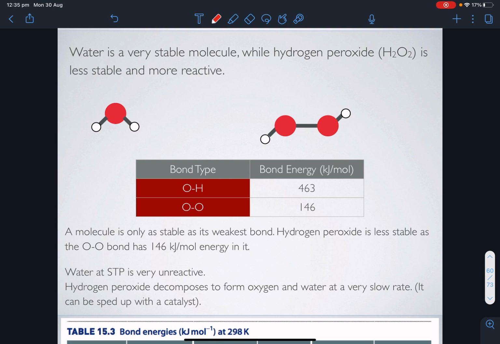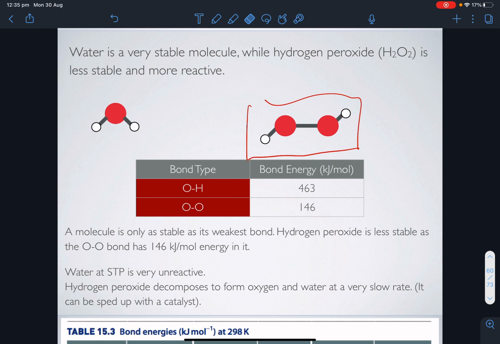But in hydrogen peroxide, we've still got the two OH bonds with 463 kilojoules per mole, but we've got the OO bond, and look at that: 146 kilojoules per mole, so a lot less. So that oxygen-oxygen bond in hydrogen peroxide is causing the molecule to be more reactive.